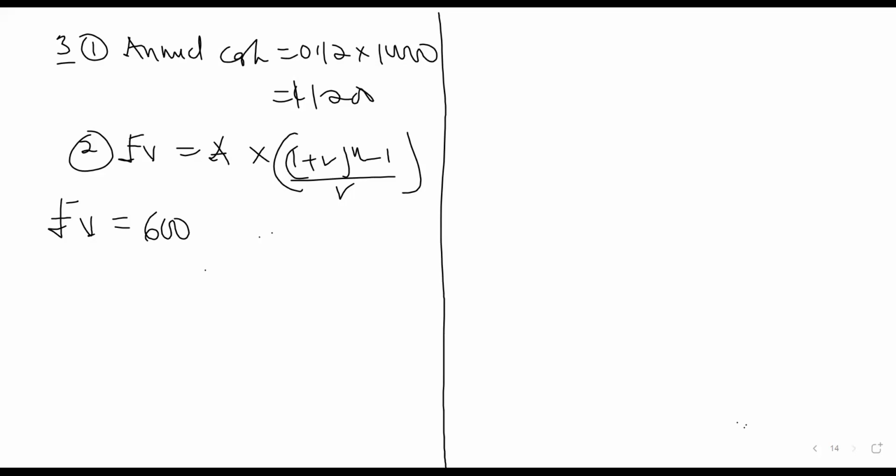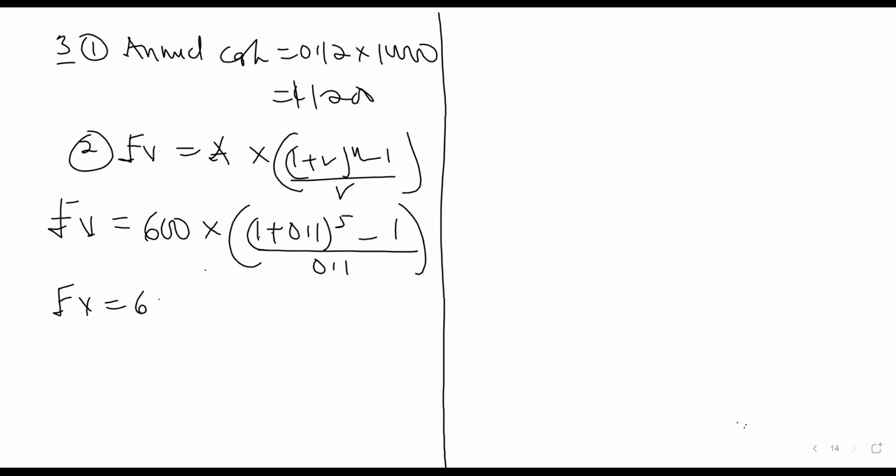So every amount that you receive every year, 50% of it will be reinvested. So we multiply by (1 plus 0.1) exponent 5 minus 1, all divided by 0.1. Future value is equal to 600 multiplied by.